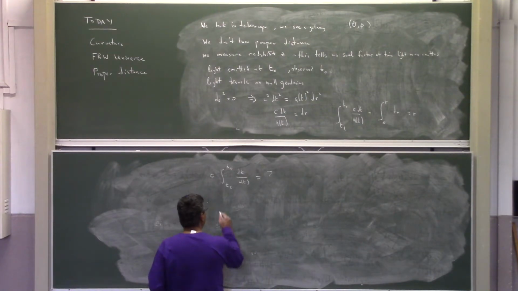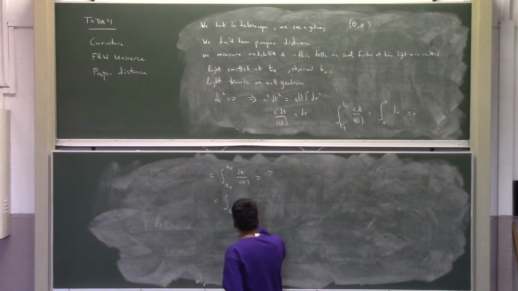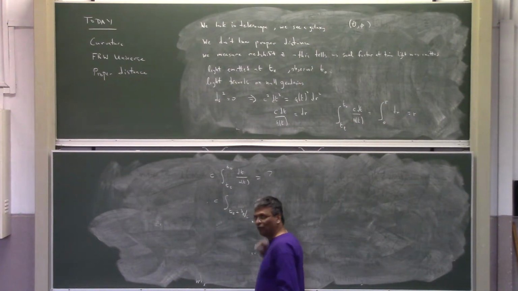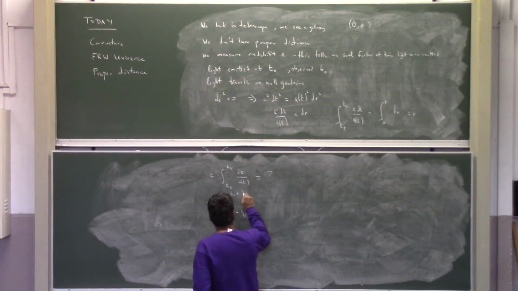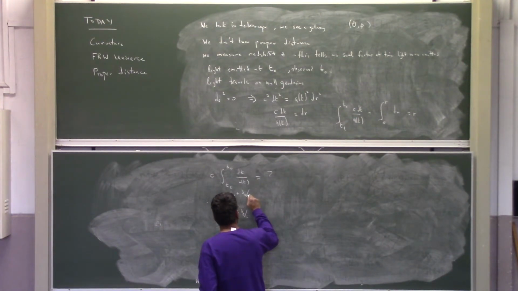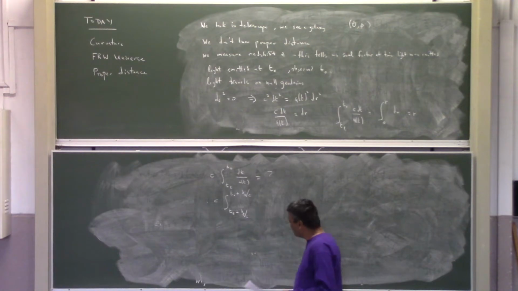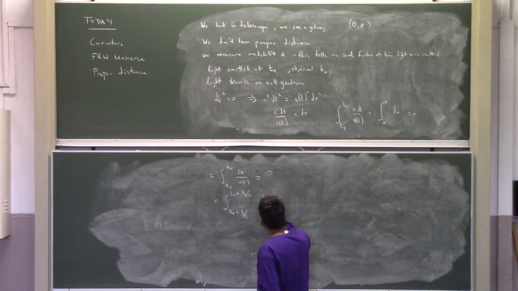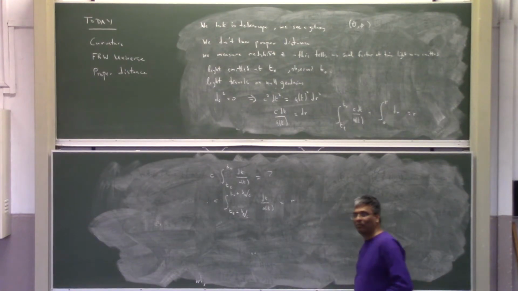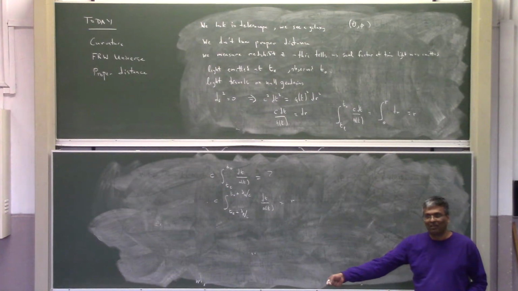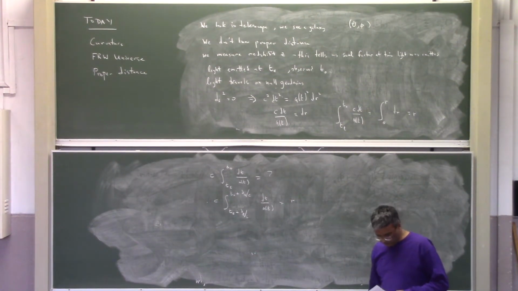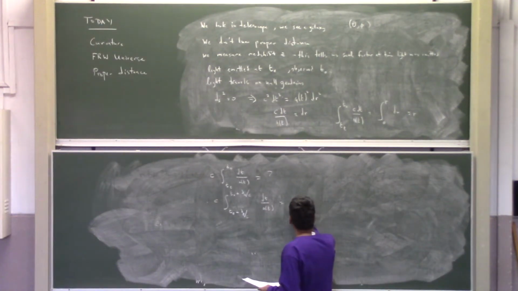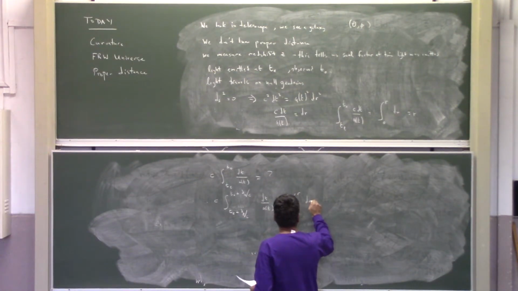For the next crest, we have t_E. The next crest is emitted a time lambda E over c later, and it's observed lambda 0 over c later. Okay? This guy, the integral of c dt over a of t, is also r, since these crests are emitted consecutively, and r hasn't changed very much over the emission of a single crest. So this also equals the integral 0 to r of dr, which is r.